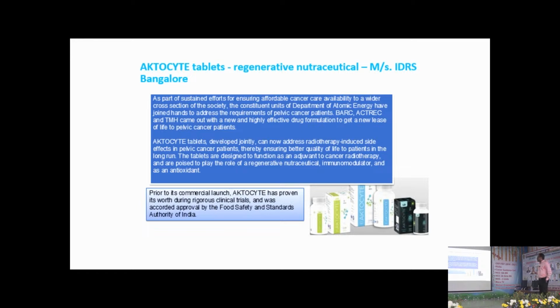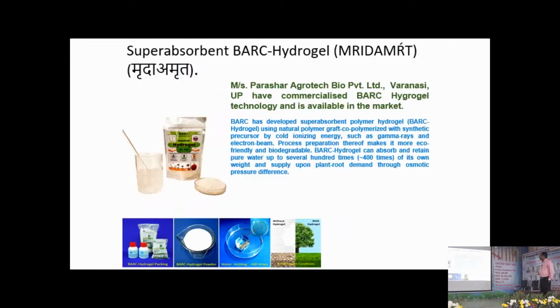It is called an immunomodulator or rejuvenant tablet. I explained this before. Now this is available on GEM as well as Amazon and all. So products have been coming to market.